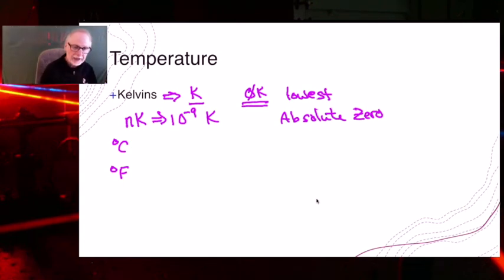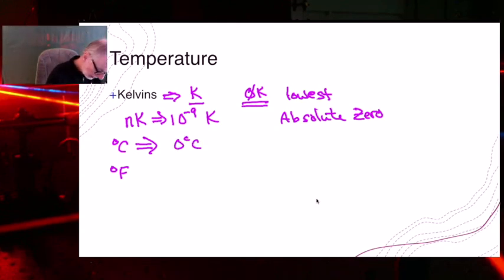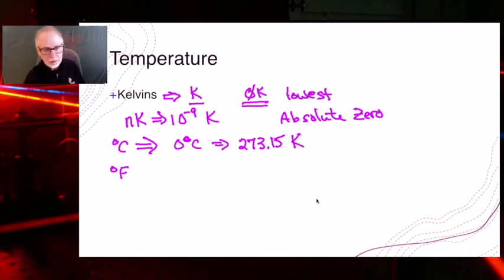But just as a matter of relative conversion factors, 0 degrees Celsius is equal to 273.15 kelvins. And if you remember, 0 degrees Celsius, of course, is the freezing point of water at normal atmospheric pressures. And that corresponds to 273.15 kelvins.